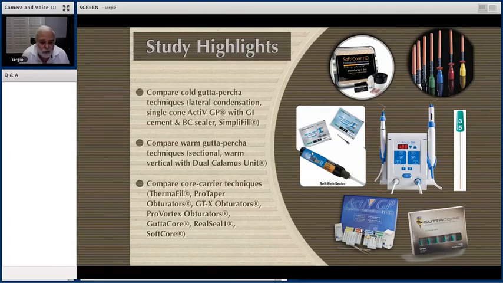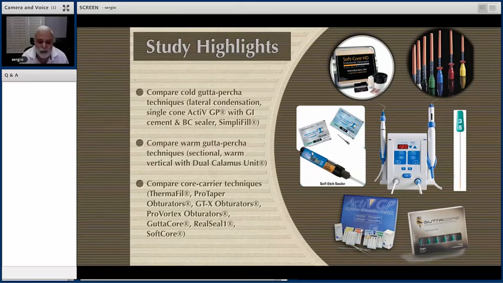I just wanted to put it in as another group in this study. So we were comparing this with this new technology, which is the micro CT. We started it, then we added the Gutta-Core, and by the time that we were redoing the articles, the Real Seal, which is Resilon, was pulled out of the market.